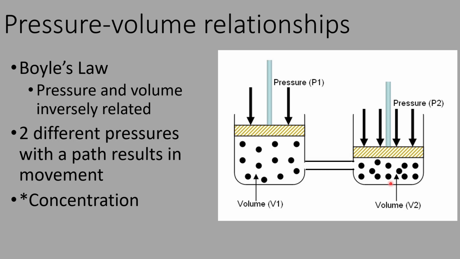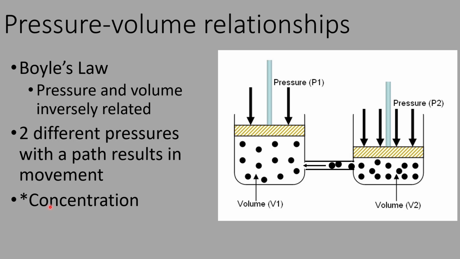Now, let's put a pathway in between them. There's a low pressure on the left, high pressure on the right, and an available pathway. What do you think is going to happen? We have two different pressures with an available pathway. We say that it results in movement. And when we talked about concentration being the same as pressure now, what will happen?